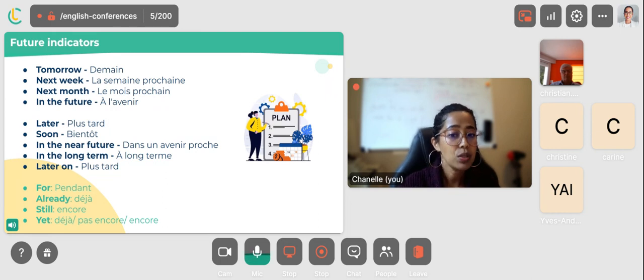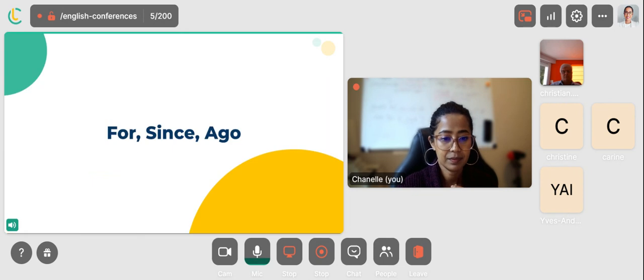And we do not use it as we do in French when we say la semaine prochaine. We simply say next week. So it does not get an article. Okay? So the first three that we are going to look at is for, since, and ago.